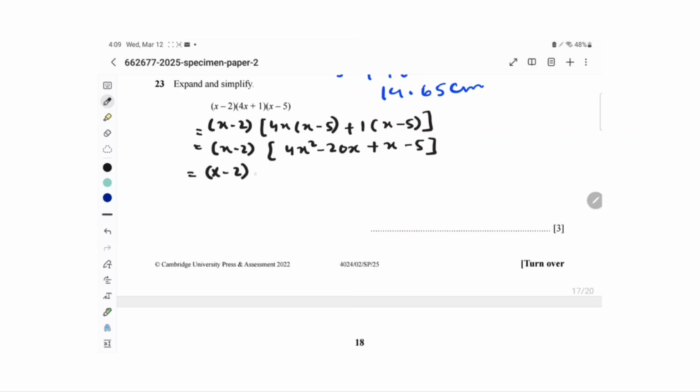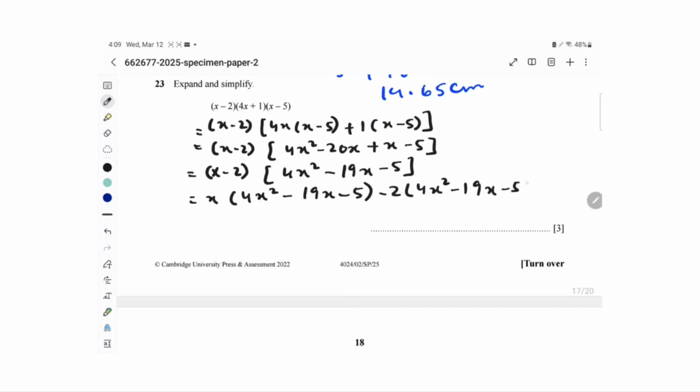Simplify this: 4x square minus 20x plus x will be minus 19x minus 5, and then x times 4x square minus 19x minus 5, minus 2 times 4x square minus 19x minus 5.